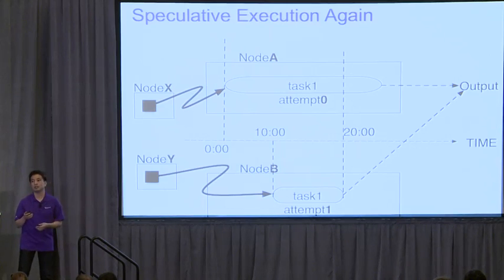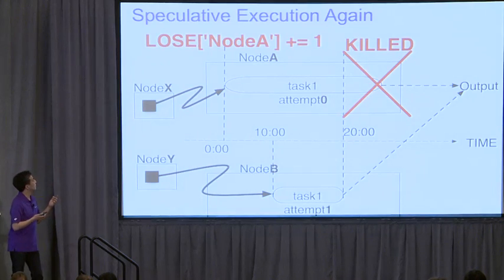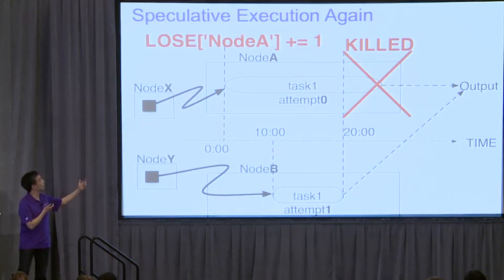So if I see this in the log, what I first did was start counting how many times this node A lost. But if you think about it, this node A could be slow, or the source node, node X, that is providing the input to node A, could be slow as well.